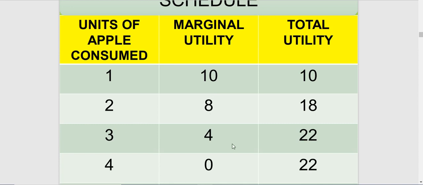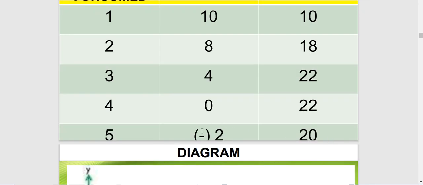The third apple gives him lesser satisfaction further, and that is 4 utils. Adding up 4 to 18, we get 22 as the figure for total utility arrived at by consuming 3 apples by the consumer. The fourth apple gives him no further satisfaction, and therefore his total utility remains at 22.